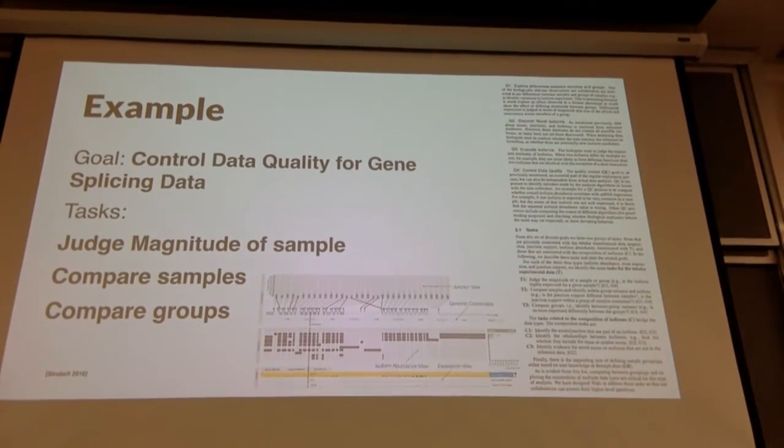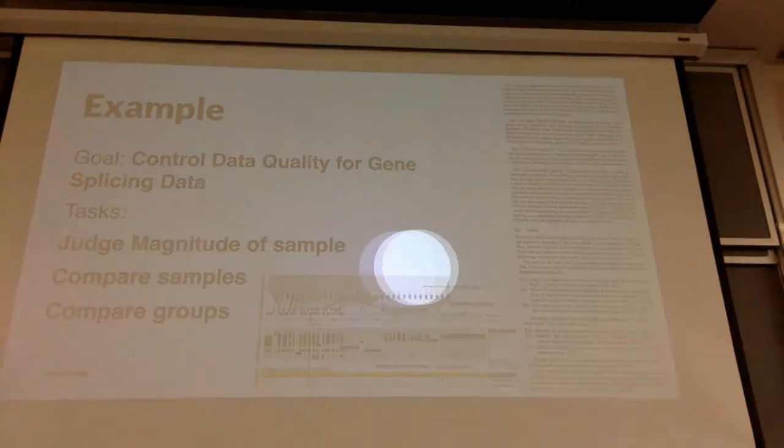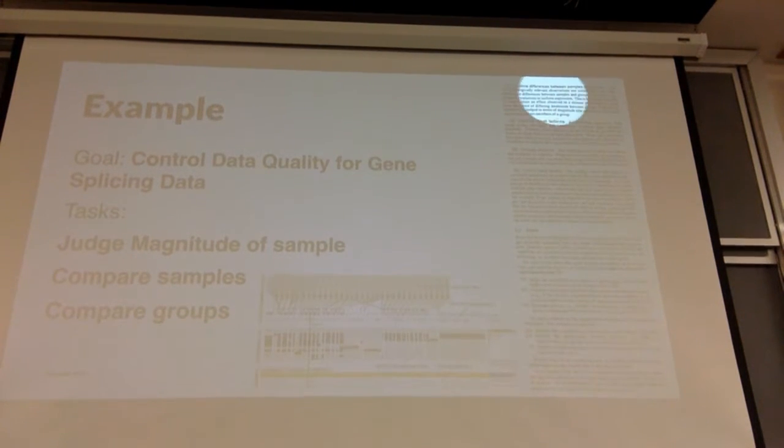This is a little bit more complex example. So we have a domain task, and the question would be control the data quality for gene splicing data. If you collect splicing data on a human genome, for example, and this is actually from one of my papers, here we broke out the domain goals: explore differences between samples and groups, discover novel isoforms, and control data quality.